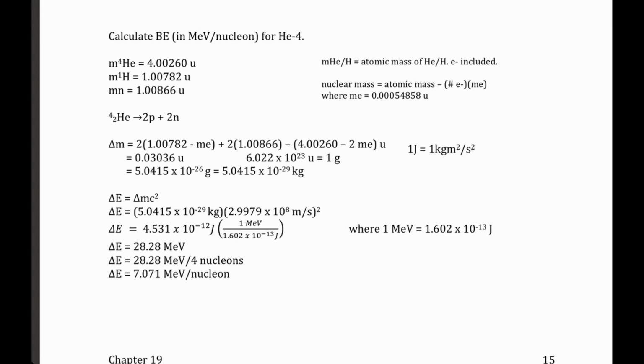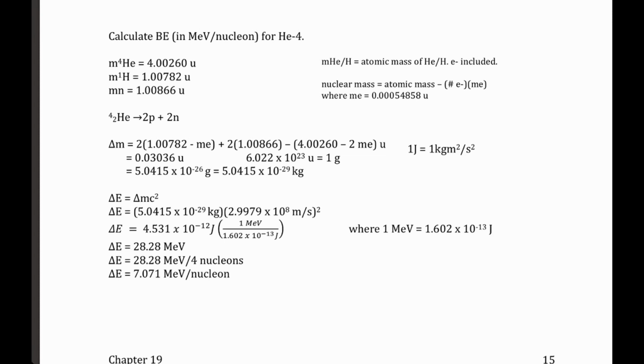So we're making that conversion. So we divide by the 1.602 times 10 to the minus 13, and we get that the delta E is 28.28 mega electron volts. That would be the delta E per helium that breaks down.